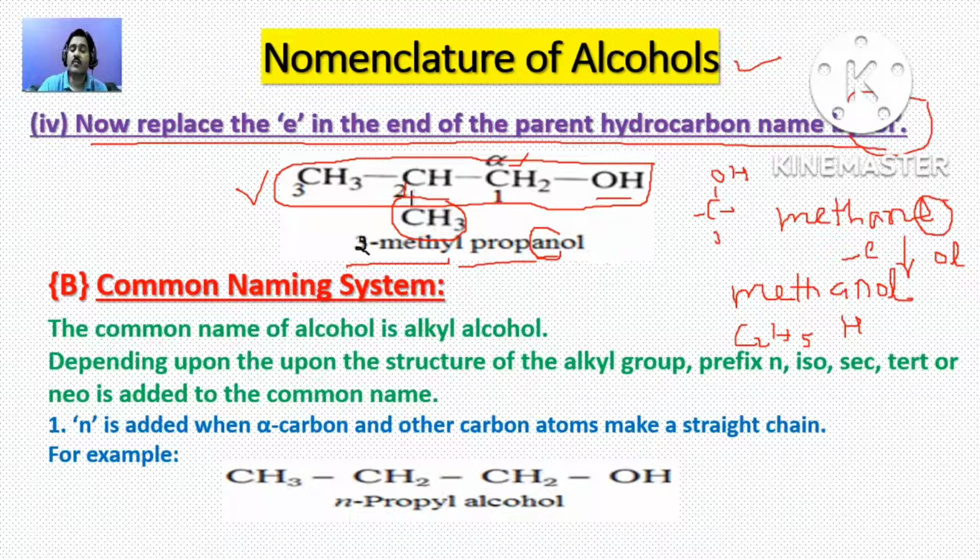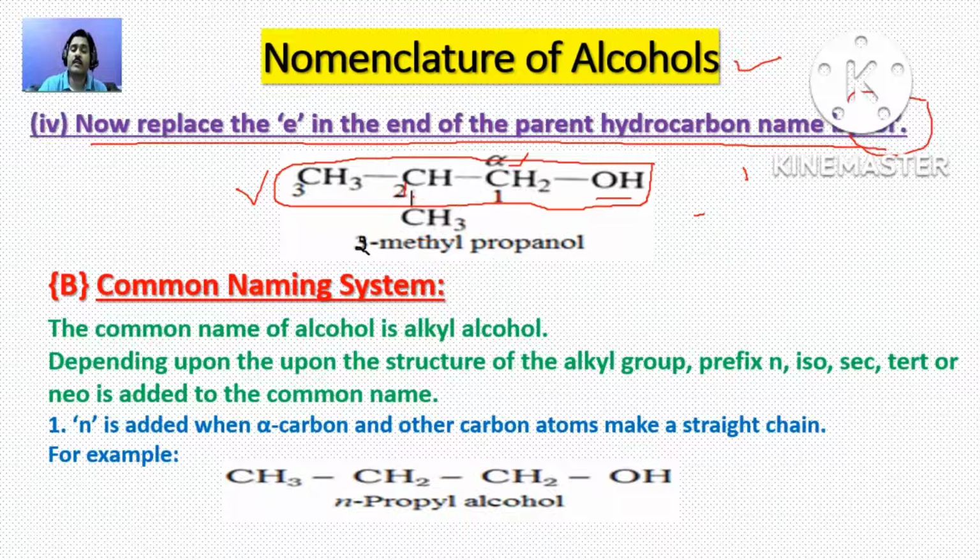Now we come to another method of naming, that is the common naming system. There are no rules for the common naming system, so some general terms or names are used for this kind of naming. The common name for an alcohol is alkyl alcohol.